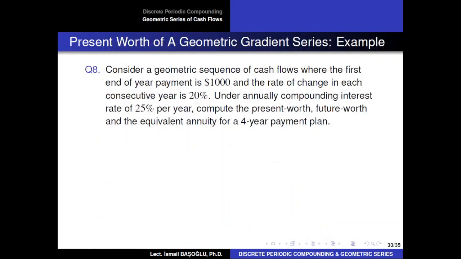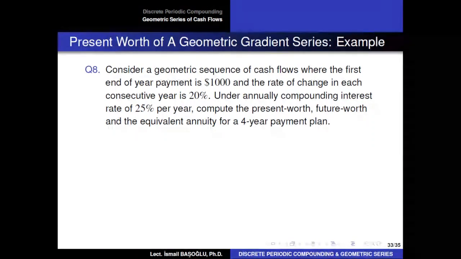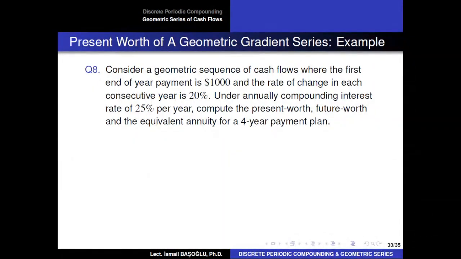Now, let's see. We are going to solve a question based on that. However, before solving the question, did you understand my point of view in this geometric series? So why does the geometric series exist? Why do such cash flow diagrams exist? Because every year, my friends, your retirement salary is going to increase by a rate of increase, which is usually going to be based on the inflation rate.